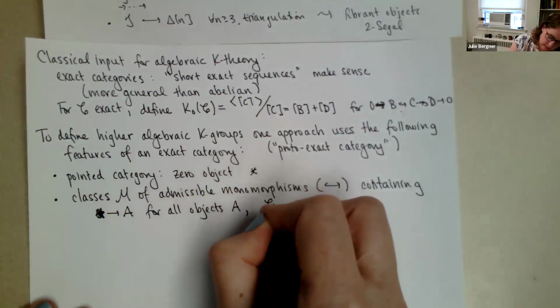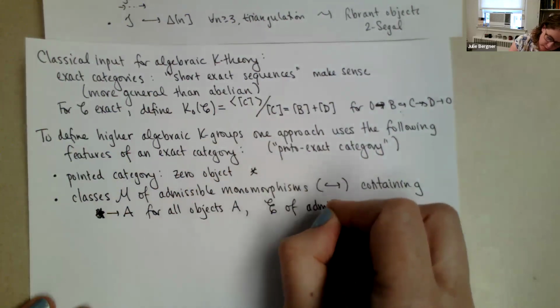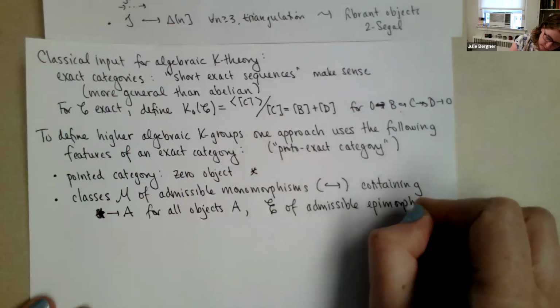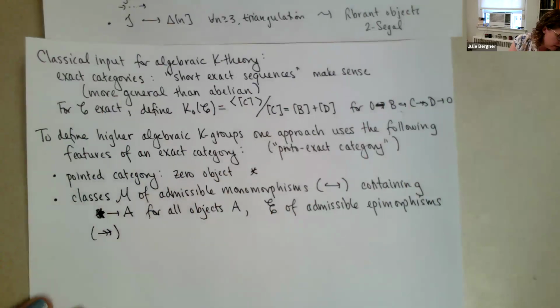And a class script E of admissible epimorphisms, which I'll write as I did above with this little two-headed arrow.